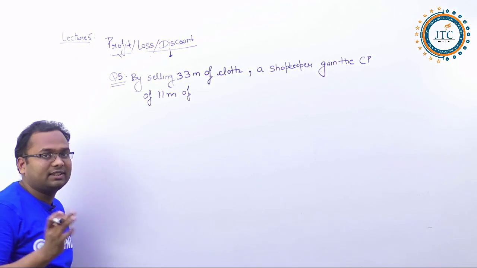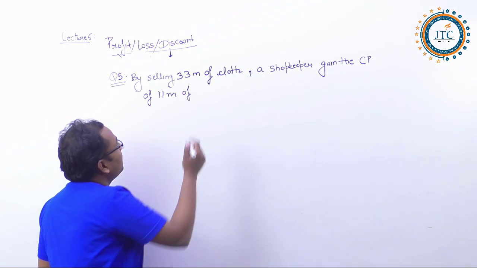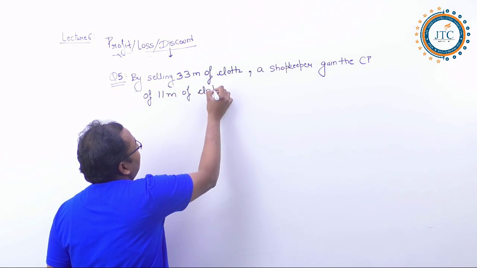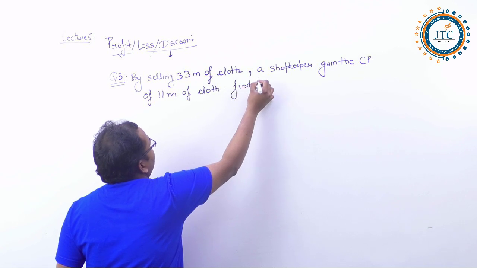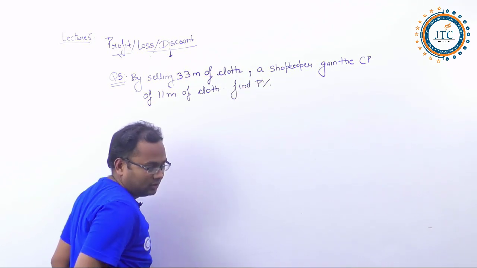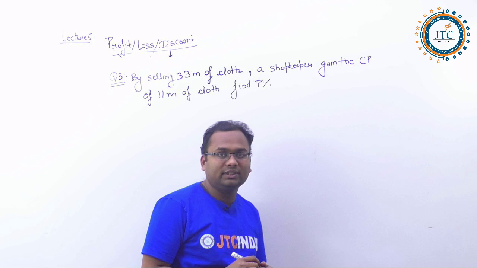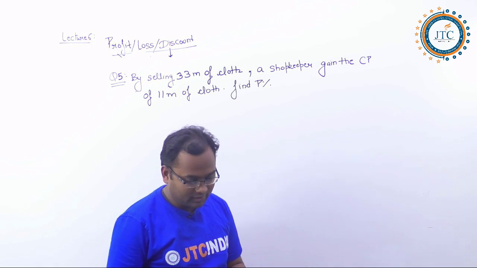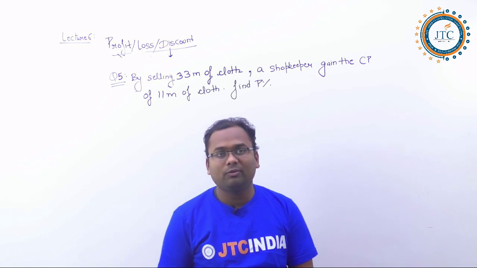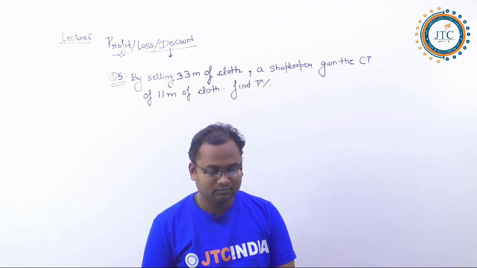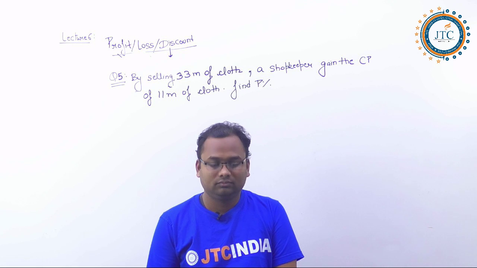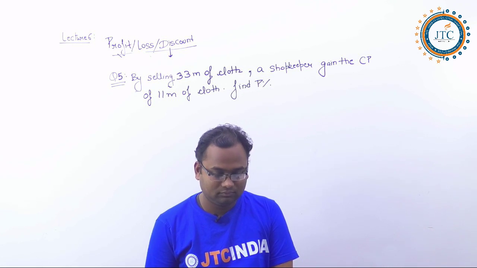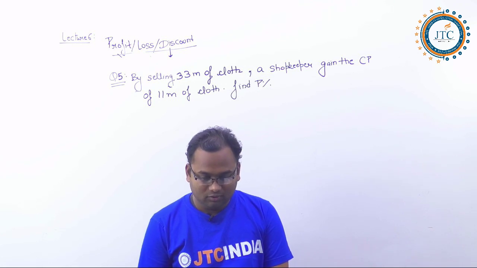Basically the question says that by selling 33 meter of cloth, a shopkeeper gains the cost price of 11 meter of cloth. Then find profit percent. So try to solve this question. What is the answer? What is the value of profit percent?